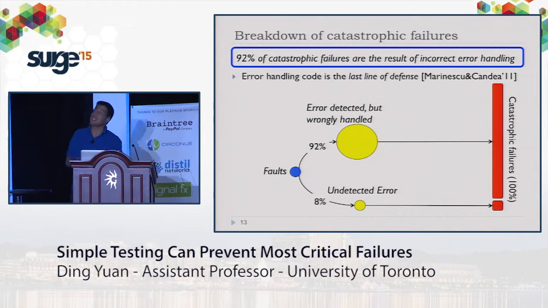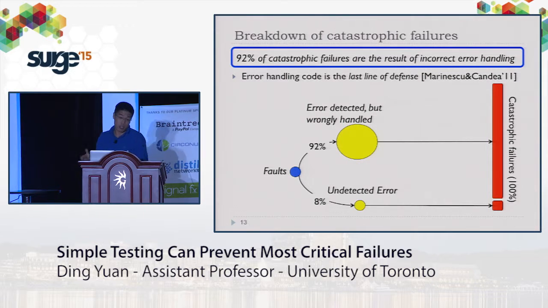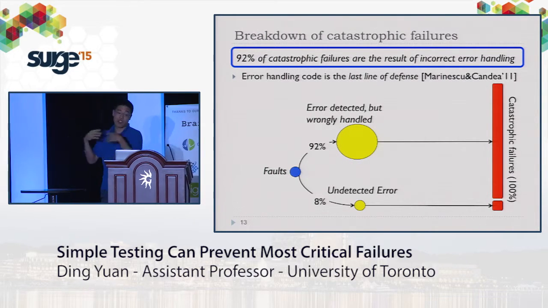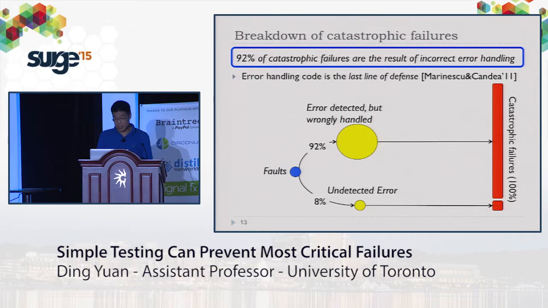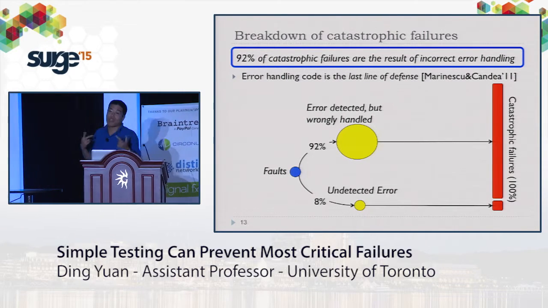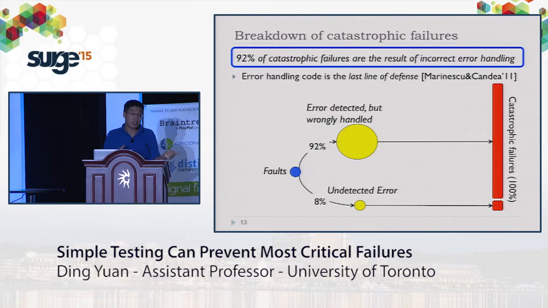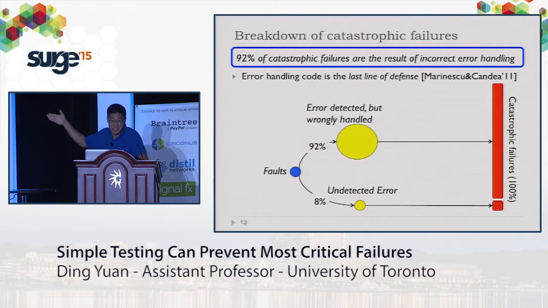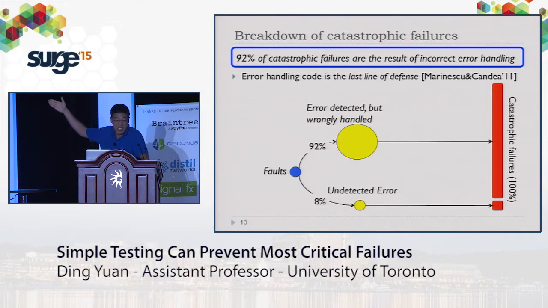Okay, so in these cases, once the fault is triggered, almost all of them will manifest into explicit error, but they are just not properly handled and eventually lead to a catastrophic failure. Now, this number might seem surprising, but it's actually quite intuitive as an afterthought, because these systems are designed to tolerate these failures. So those error handling code are exactly the last line of defense. And if that goes wrong, then you don't know what will happen.